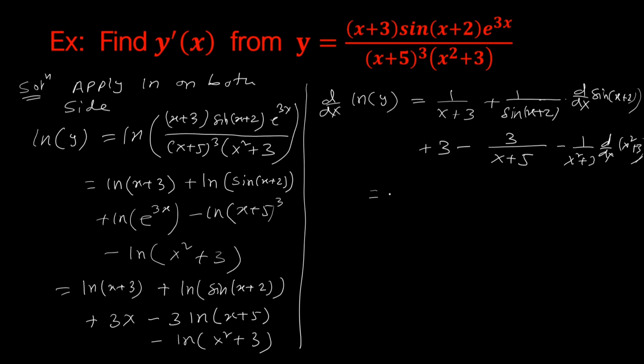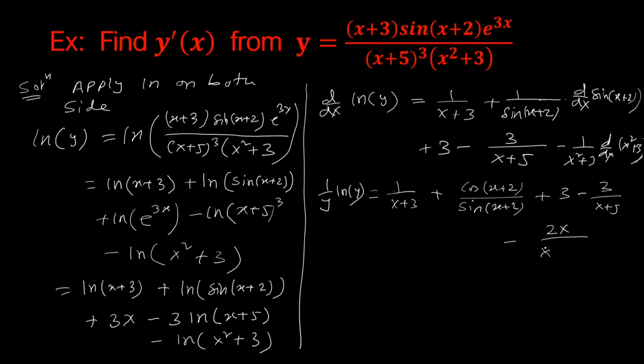So this is equal, 1 over y dy dx is equal to 1 over x plus 3 plus cosine x plus 2 over sine x plus 2, plus 3 minus 3 over x plus 5 minus 2x over x square plus 3.